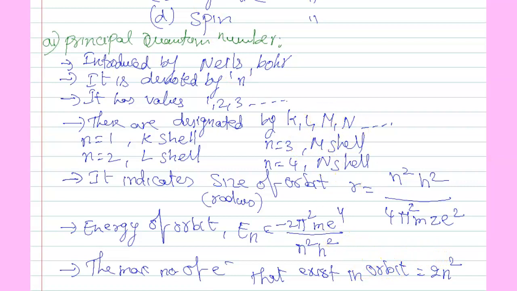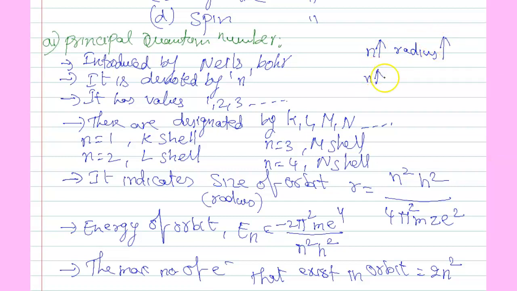So about principal quantum number. The principal quantum number is introduced by Niels Bohr, and it is denoted by small n. Small n values are 1, 2, 3 and so on. So n equal to 1 means K shell, n equal to 2 means L shell, n equal to 3 means M shell, n equal to 4 means N shell. If n value increases, radius also increases.